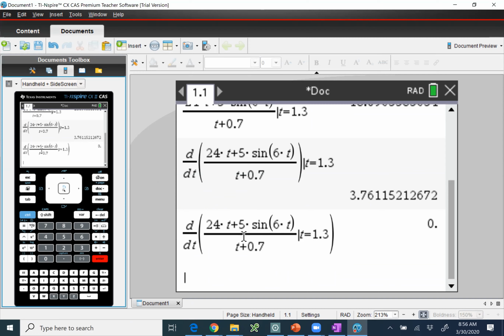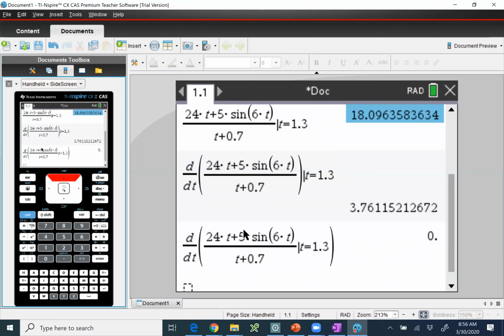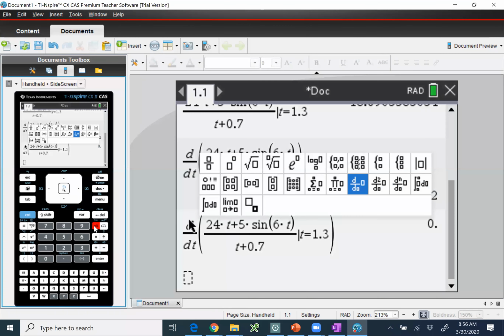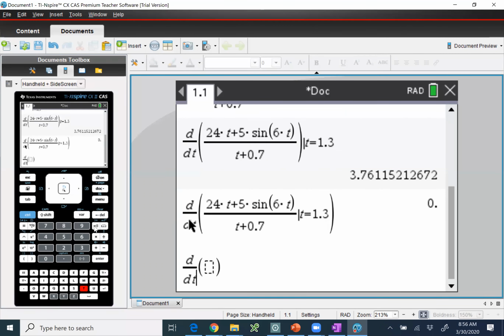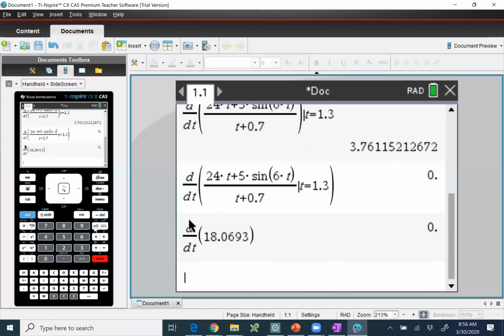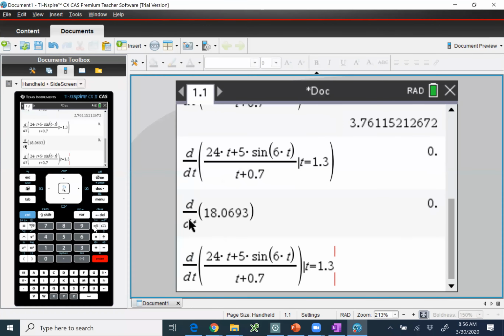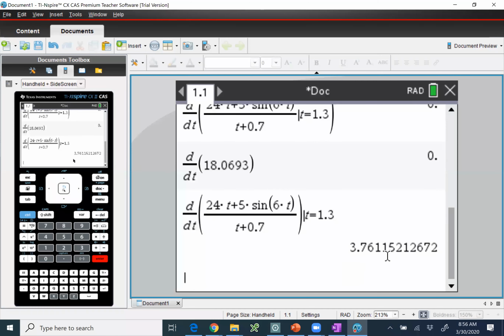Inside the parentheses we actually got 18.09. So what we're asking the calculator is to take the derivative of 18.0693, which is a constant, which gives us 0.